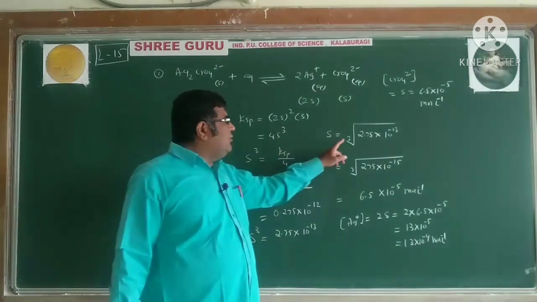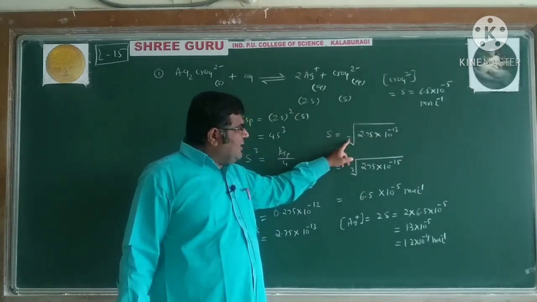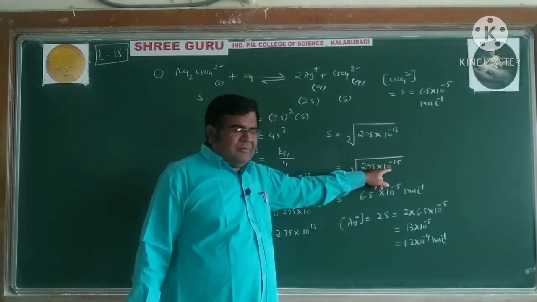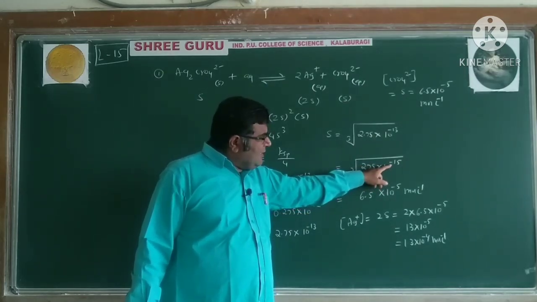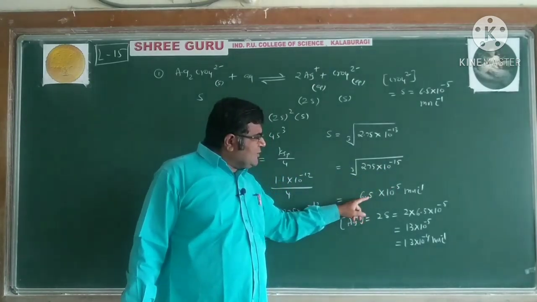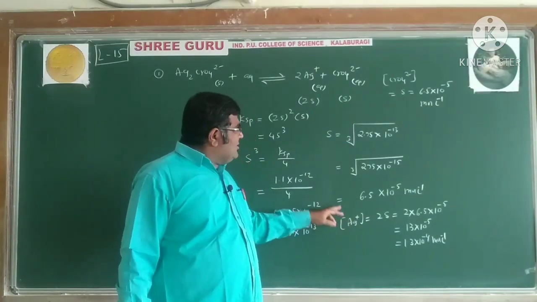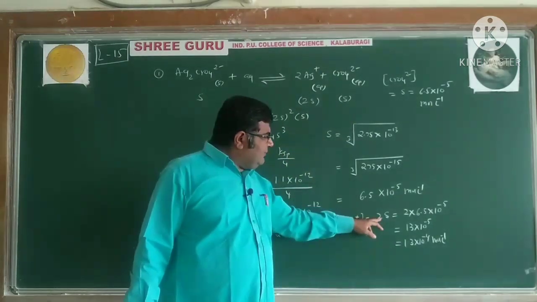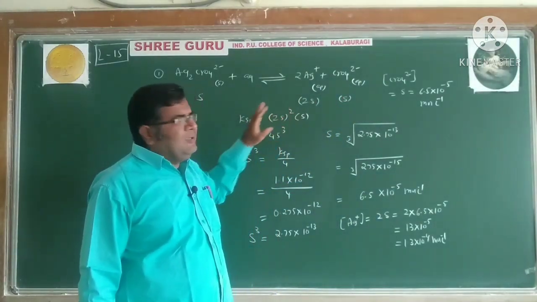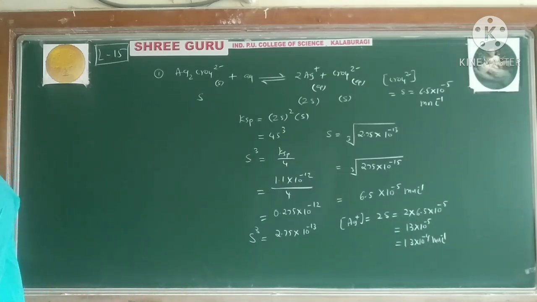Then we calculate the cube root of that, which is nothing but 275 into 10 raised to minus 15. Cube root of 10 raised to minus 15 is minus 15 by 3, minus 5. Cube root of 275 is 6.5. And then Ag+ ion concentration is 2 times the solubility, and chromate ion concentration is equal to solubility. That also we have calculated. So this was the first part of the question.